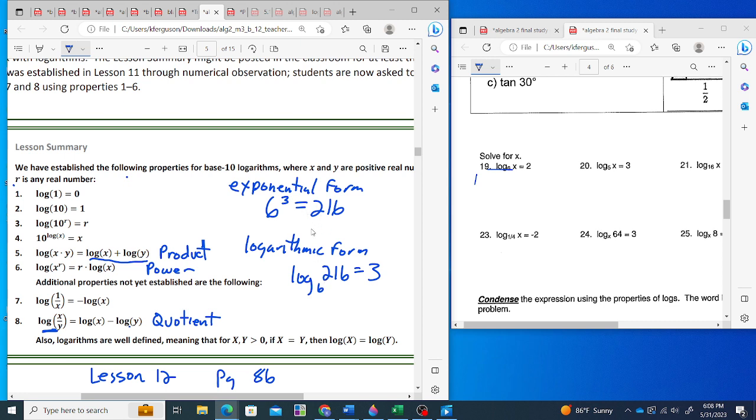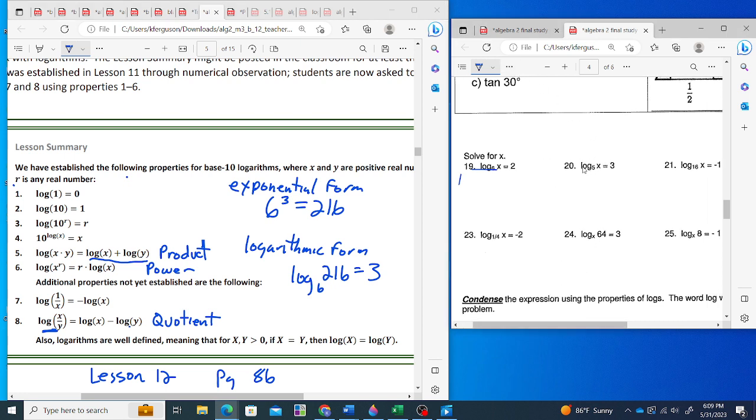These things are basically the same. They're like reversing your situation. So you need to be able to go from exponential form to logarithmic form or logarithmic form to exponential form. That's why when we were doing these, I was practicing like this. I took this log and I said that was 5 to the third power and that equals x.